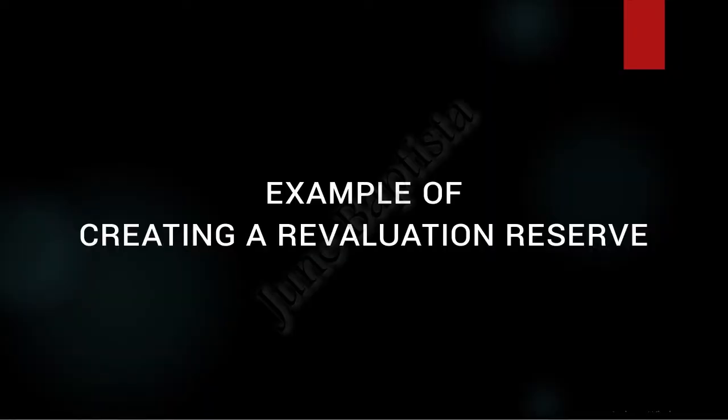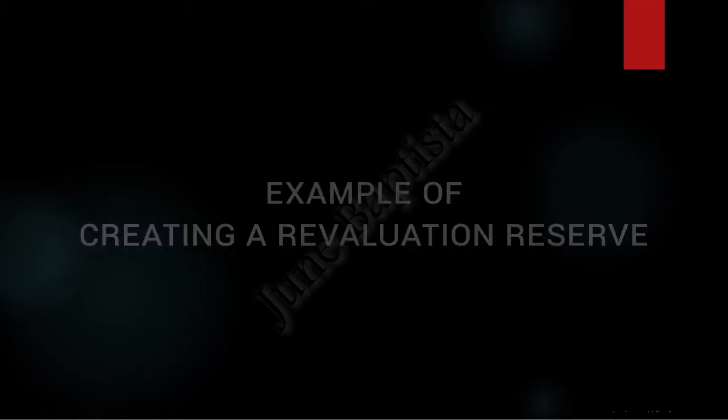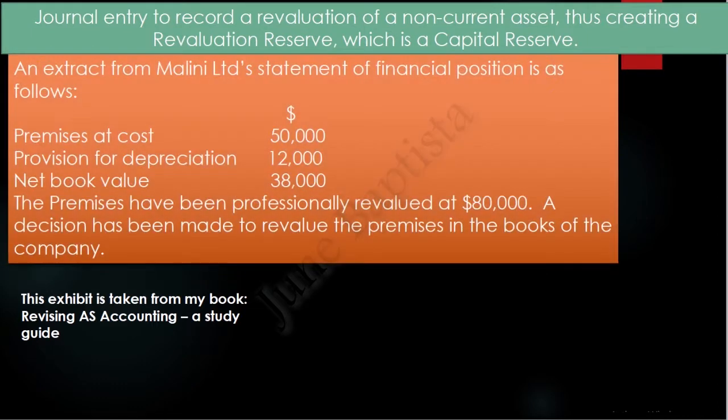This example is about creating a revaluation reserve, which is a capital reserve. The exhibit is taken from my book, Revising AS Accounting, a study guide. Let's look at the exhibit.